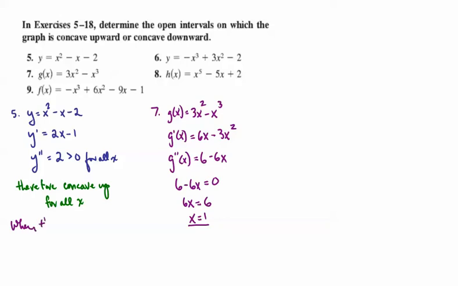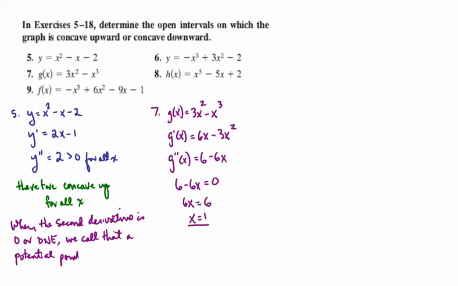With the second derivative, when the second derivative is 0 or does not exist, we call that a potential point of inflection.